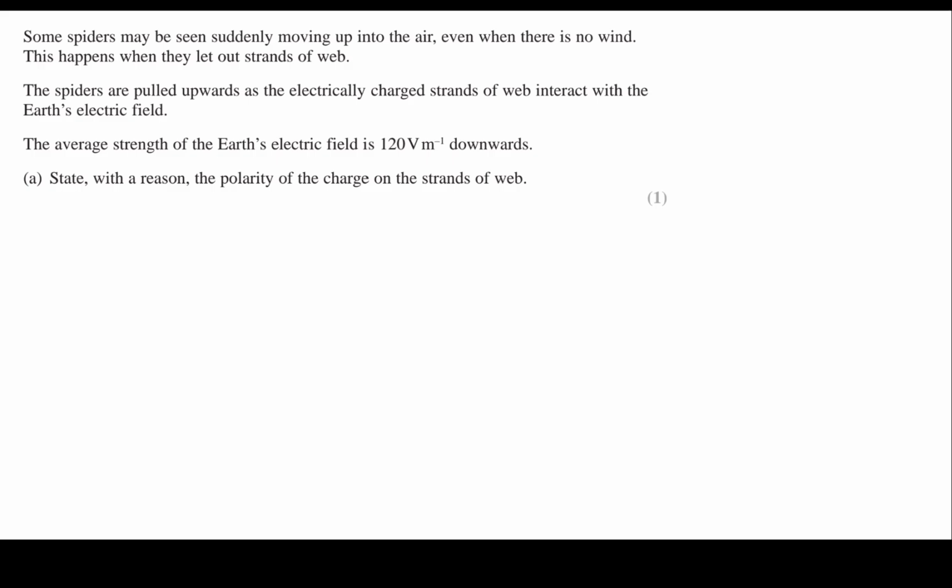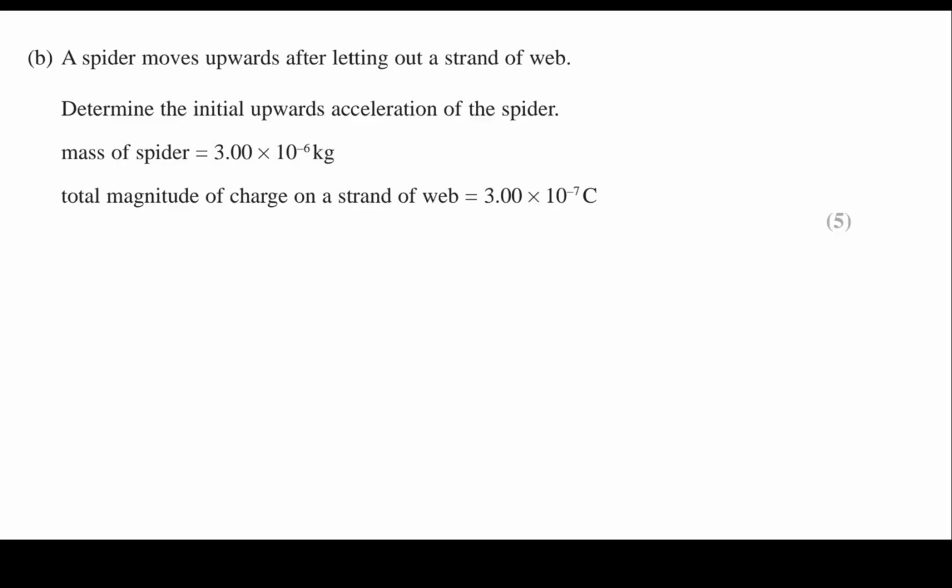Okay, let's move on to the next question now. This says the spider is moving upwards after letting out a strand. So here I have the spider, it's moving upwards, and it has upward acceleration, positive acceleration. And I told you in the previous slide that we have a huge force due to the electric field, because here it's negative and it's positive, it's attracting. Along with that, we know there's weight, right?